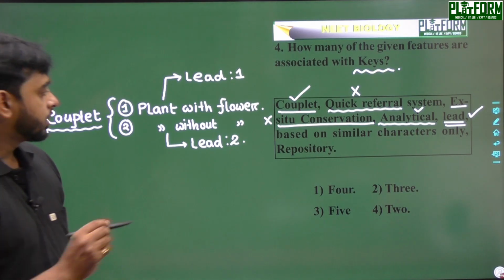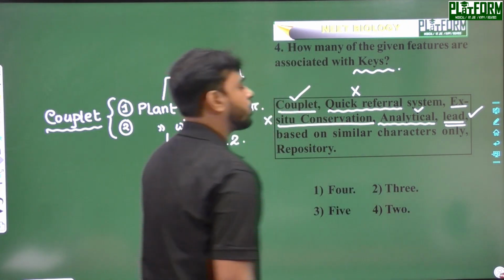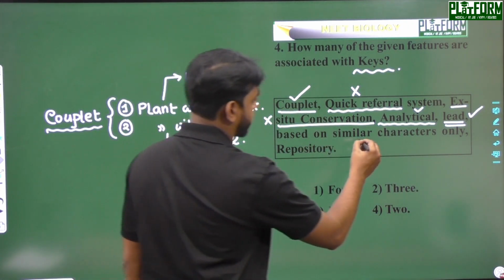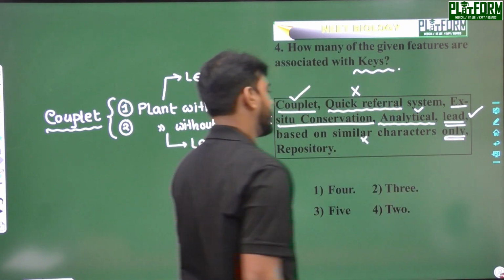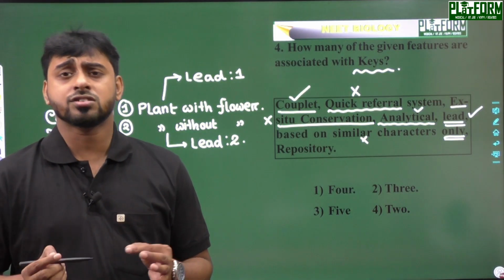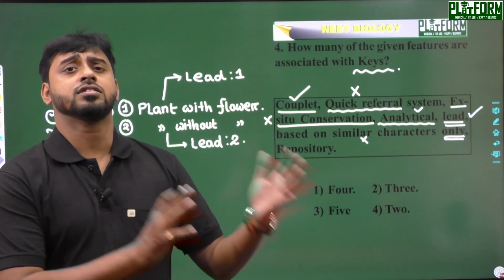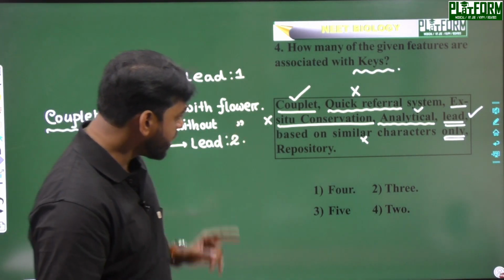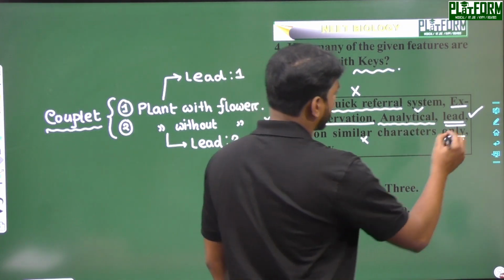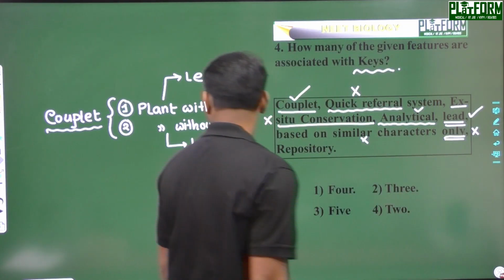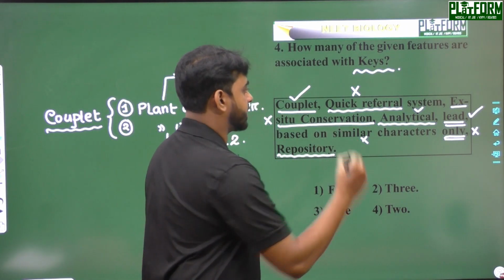Okay. The next one, based on similar character only. No, this is a false statement. Why? Because of this word only. The key is constructed on the basis of similarities and dissimilarities. So here it is written, it is based on similar character only, so it is a wrong statement. And the last one, that's the repository.